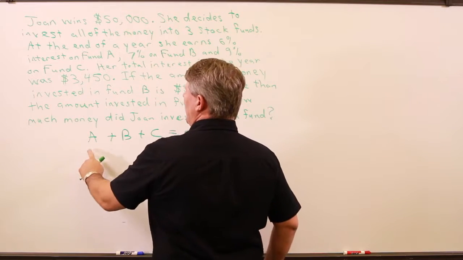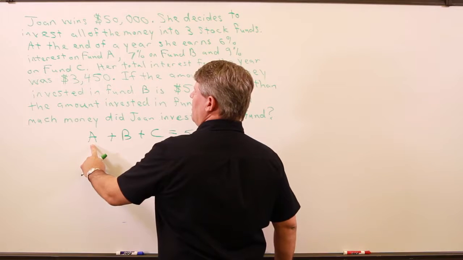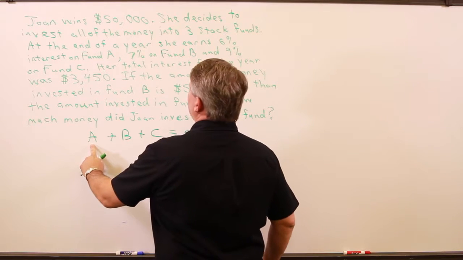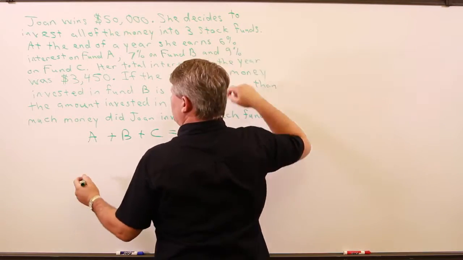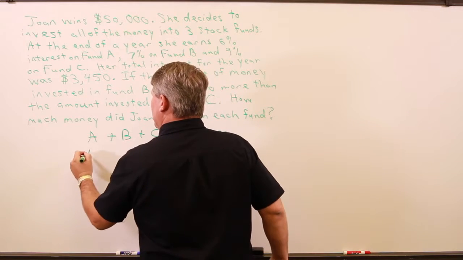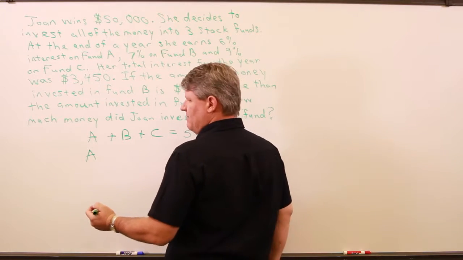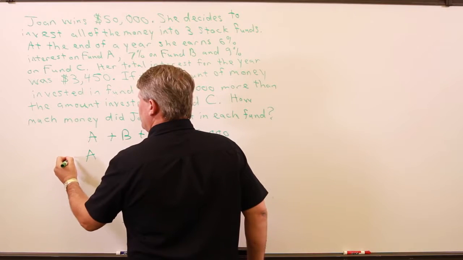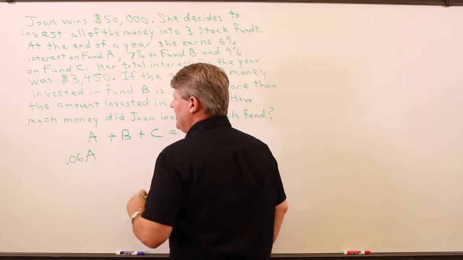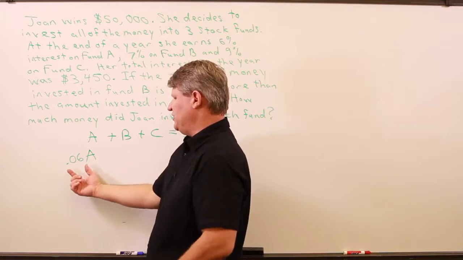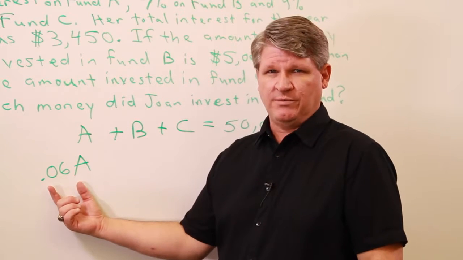Well, how do we find out how much money she earned on Fund A? Well, we simply take its interest rate, 6%, and multiply that times A. Now keep in mind that when you're doing any kind of application problem, never ever plug a percentage into a problem, always change it to a decimal.